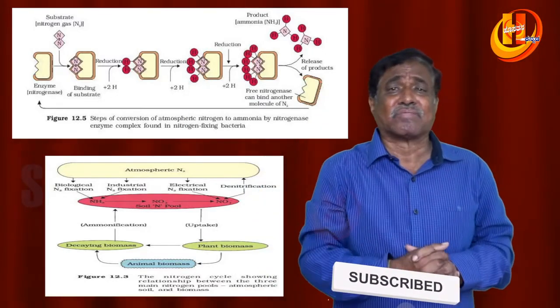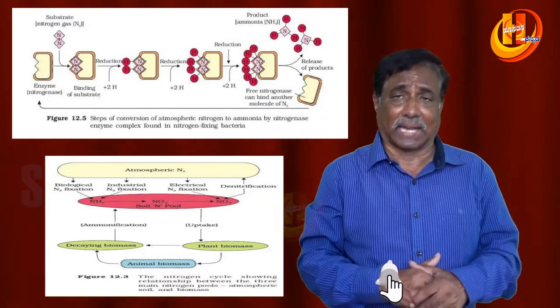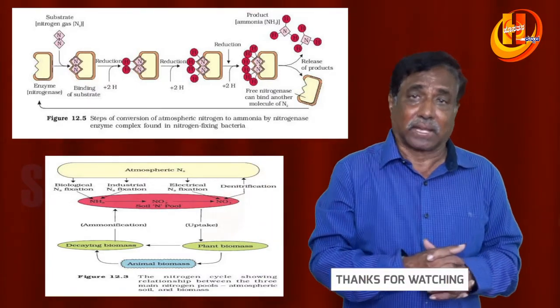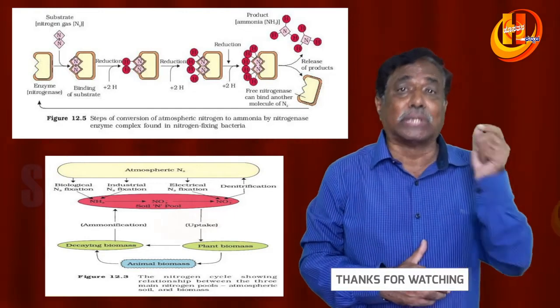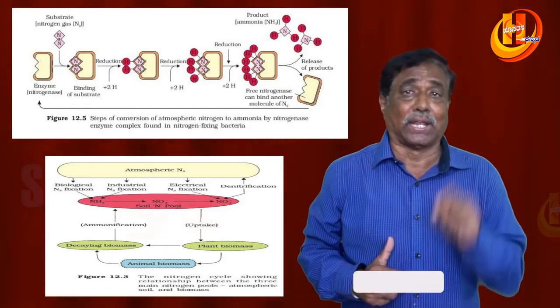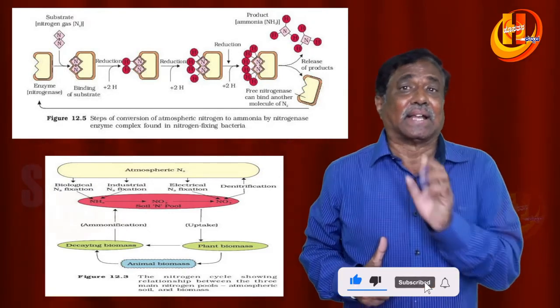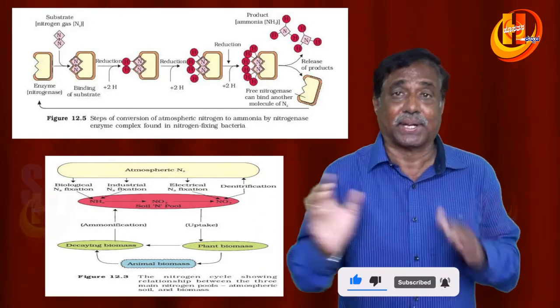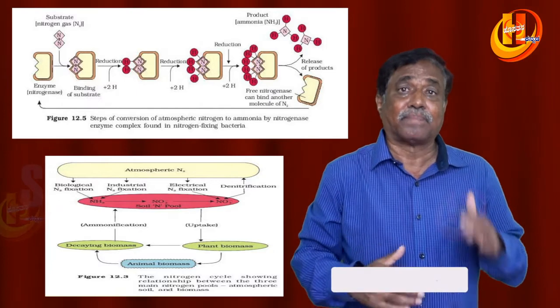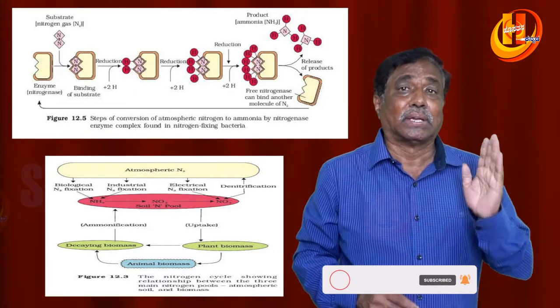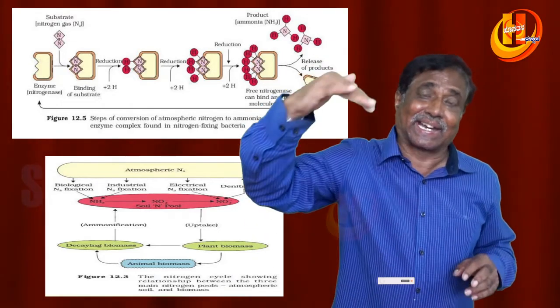This nitrogen, which is absorbed like this, and then here are the equations also given. Ammonia 2NH3 plus 3O2 gives 2NO2 and water and 2H plus, that is nitrite, and 2NO2 plus O2 gives 2NO3, nitrate.